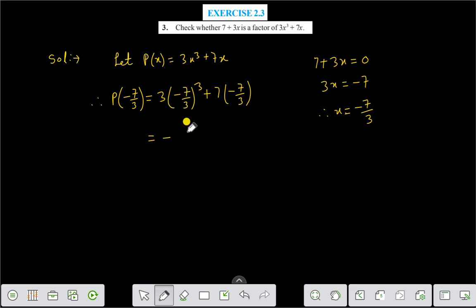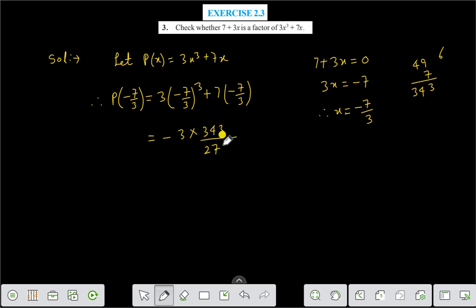minus, this is 3 into 7 is 49, 49 into 7 is 343. 343 by 3 is 9, 327.